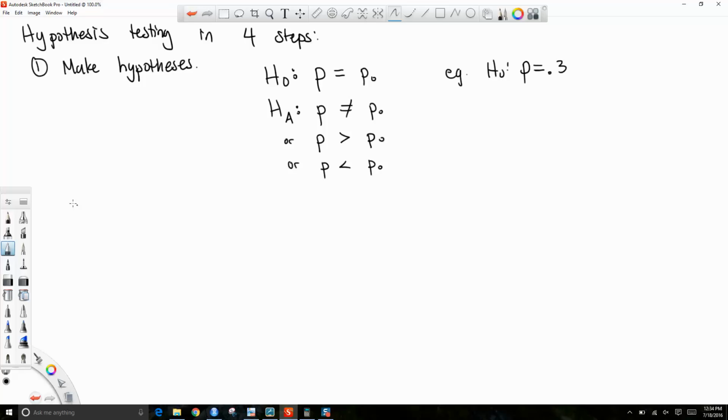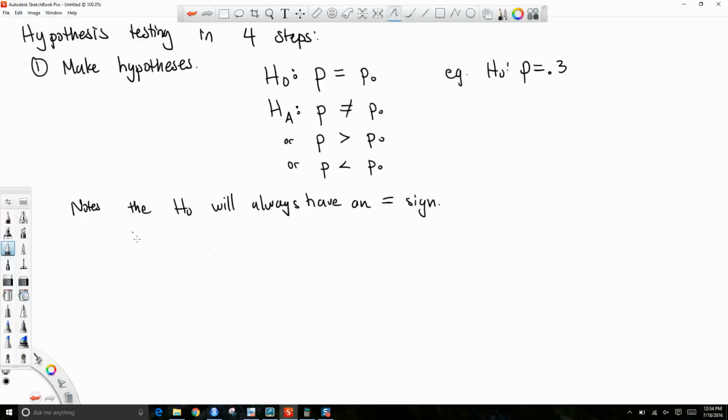So some notes. The null hypothesis will always have an equal sign. Okay. The null hypothesis will always have an equal sign.